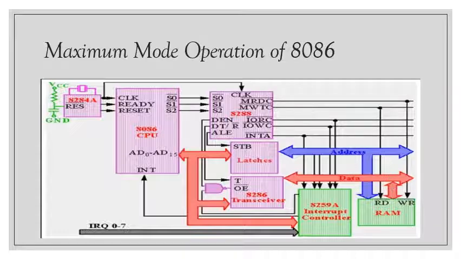All these command signals instruct the memory to accept or send data from or to the bus. Here, the only difference in the timing diagram between minimum and maximum mode is the status signals used and the available control and advanced command signals.